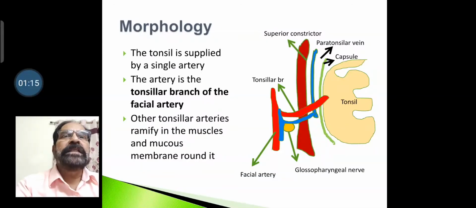So in the picture you can see the tonsil is supplied by a single artery. The artery is the tonsillar branch of the facial artery. Other tonsillar arteries ramify in the muscles and mucous membrane around it.